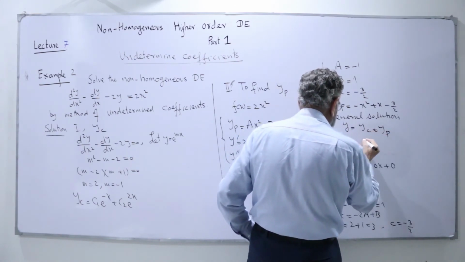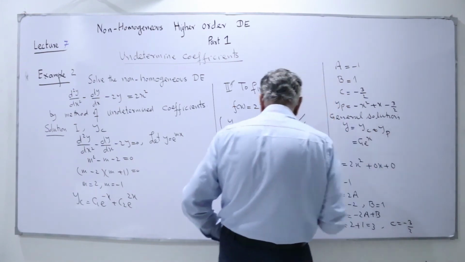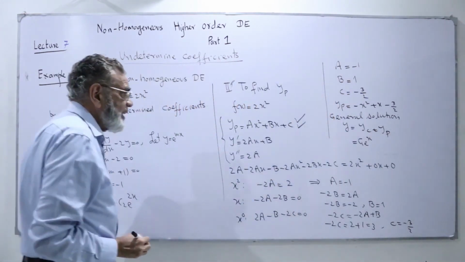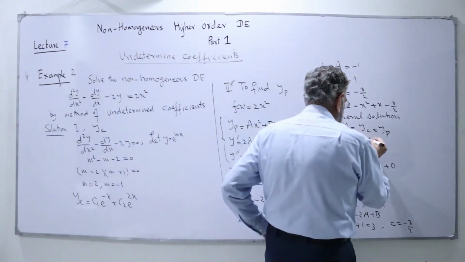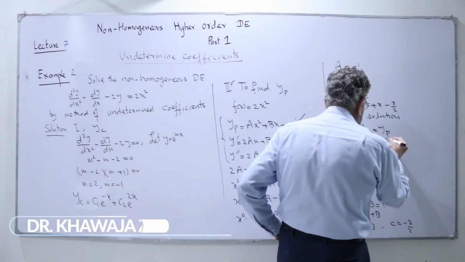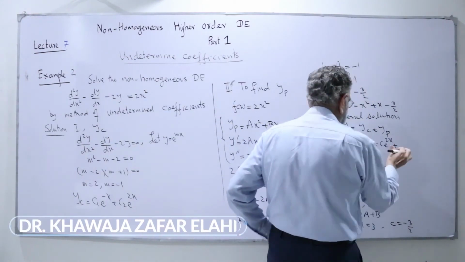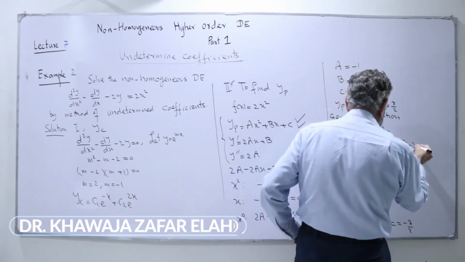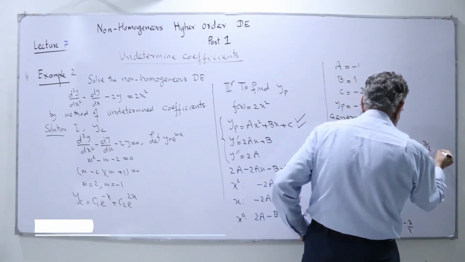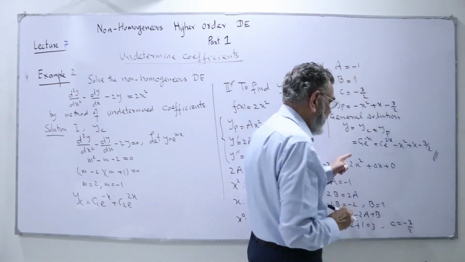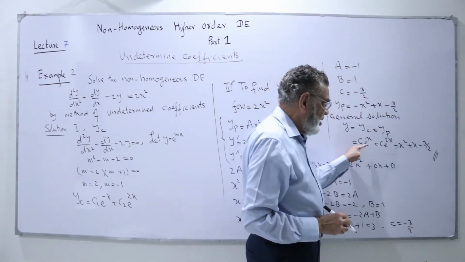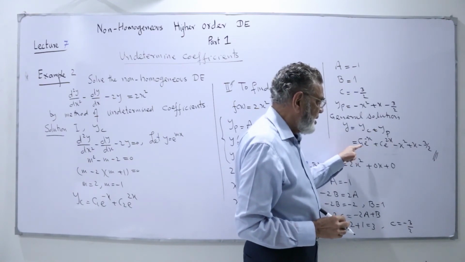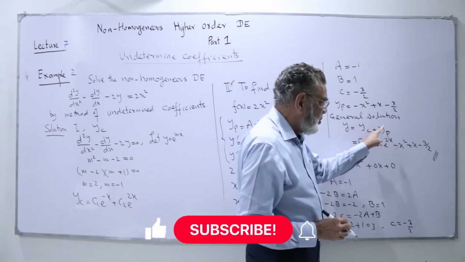What's my yc? yc is c1 e to the power x, e to the power minus x, plus c2 e to the power 2x, plus yp is minus x square plus x minus 3 by 2. So again we check that we don't have any repetition, there must be a linear combination, e to the power x not repeating, e to the power 2x not repeating.